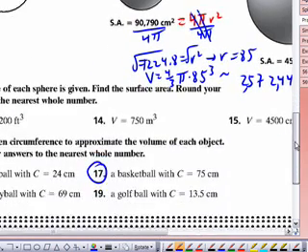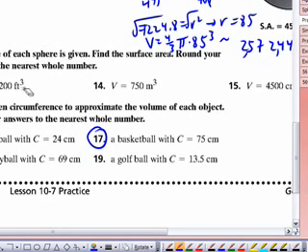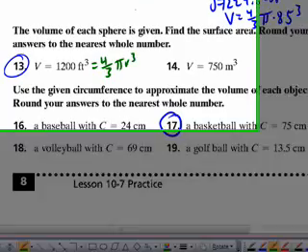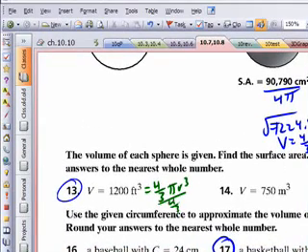Okay. In this case, now it's the opposite. You're given a volume, you want to find the surface area. So we set this equal to 4/3 pi r cubed, and divide both sides by 4/3 pi.